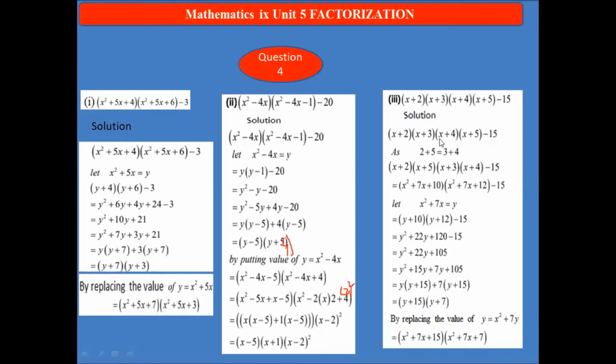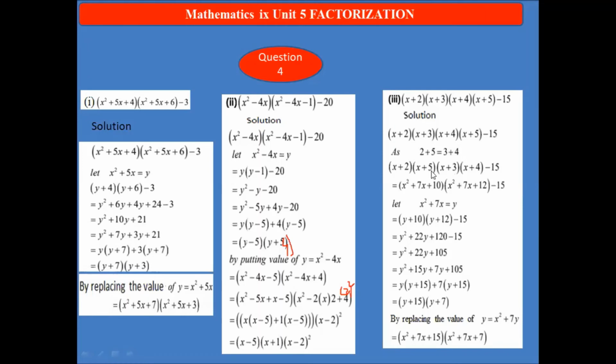So when I write this x plus 2 with this x plus 5, we have 2 plus 5 is 7, and 3 plus 4 is also 7. So you just have to add these constant terms. When these two sums are equal, you just have to multiply those values. So here I write x plus 2 with x plus 5, and x plus 3 with x plus 4.